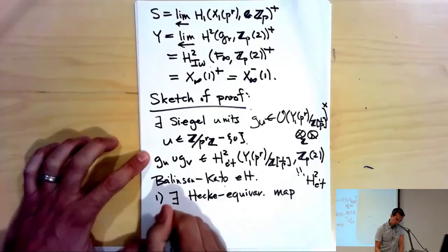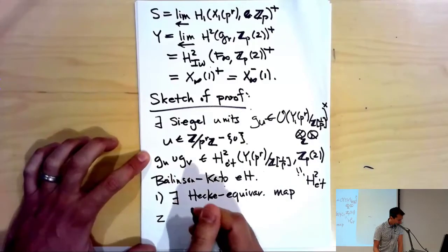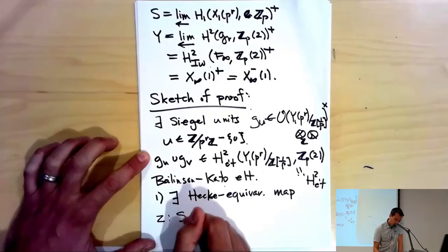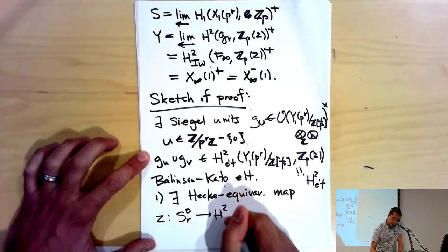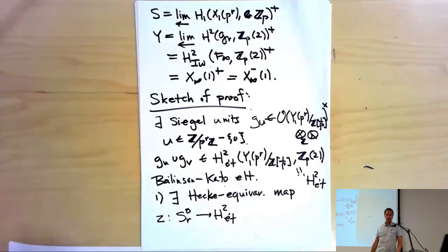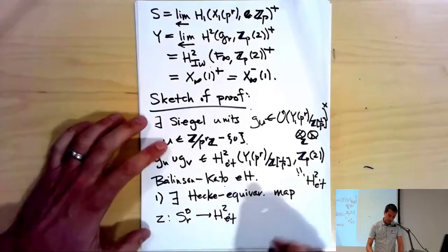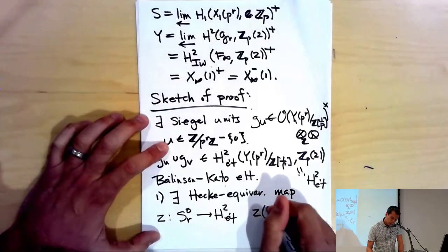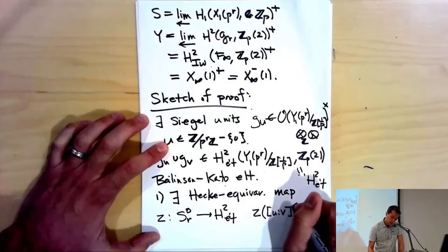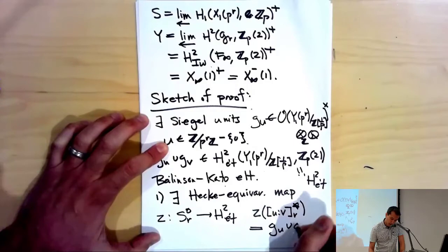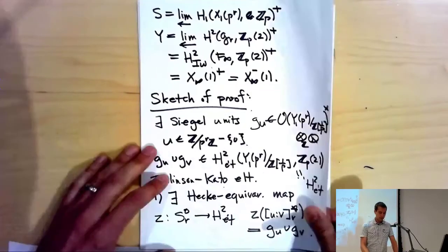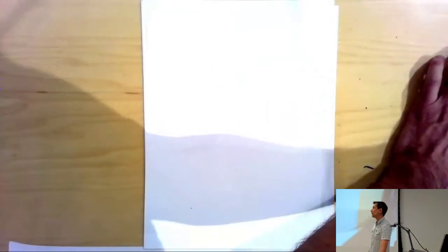So they show there exists a Hecke equivariant map, z, from S_r naught to H^2. I guess there should be an r on the H^2 étale somewhere. But they show there's a map like that that sends this symbol to this cup product. So it seems even better than the map varpi.